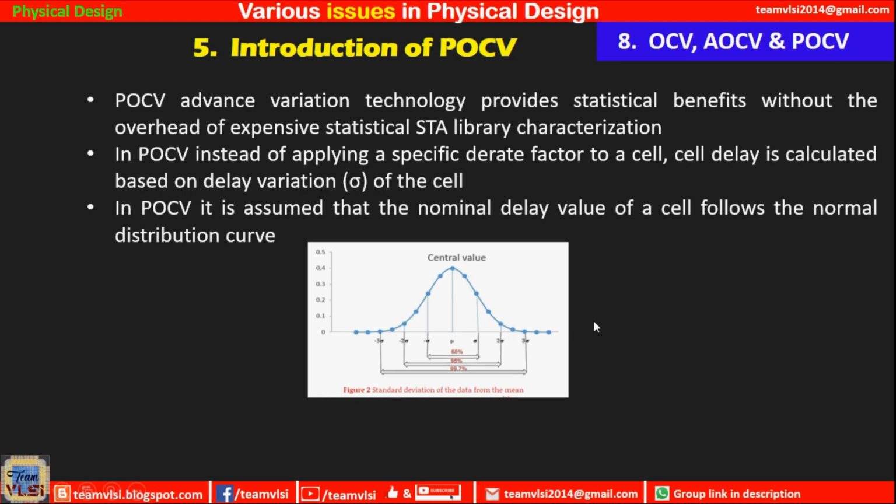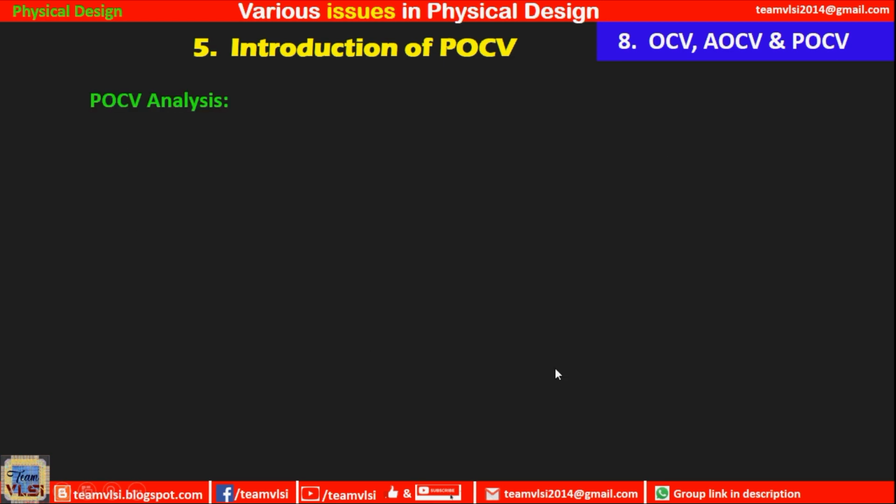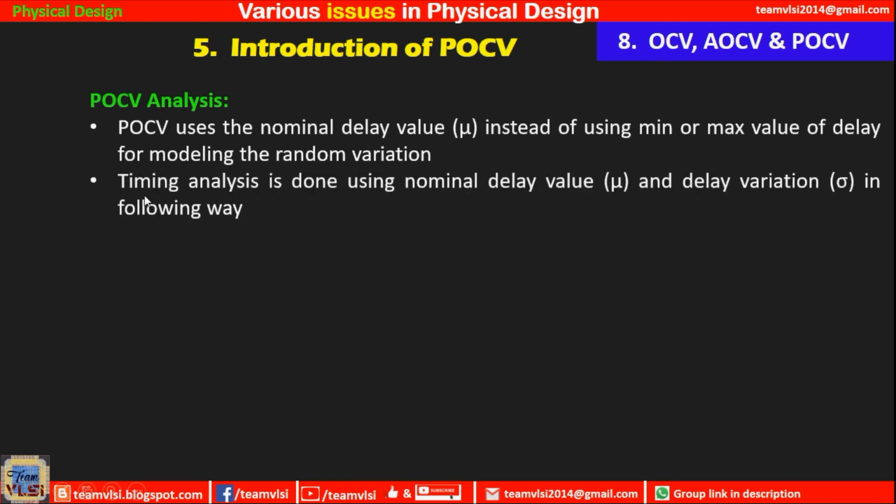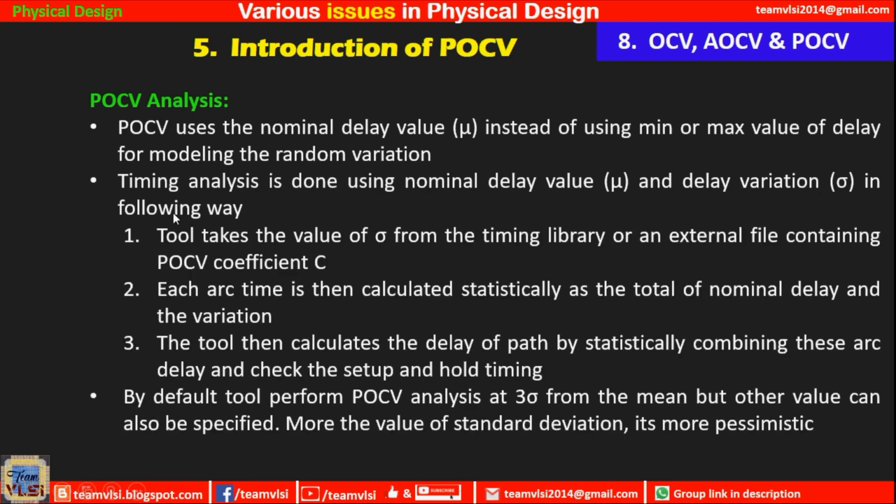Okay, so next we have POCV analysis. POCV uses the nominal delay value mu instead of using the max or mean value of delay for modeling the random variation. Timing analysis is done using the nominal delay value mu and delay variation sigma in the following way.